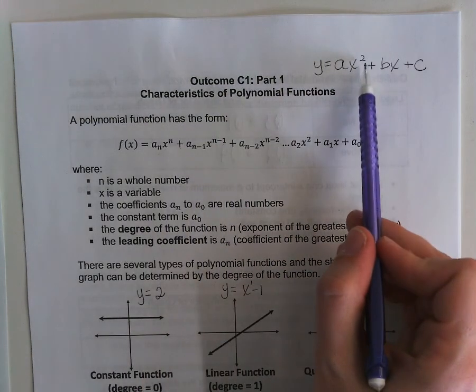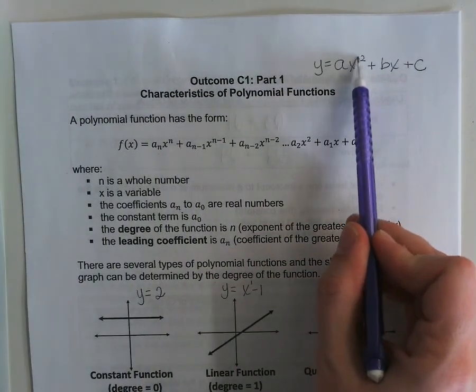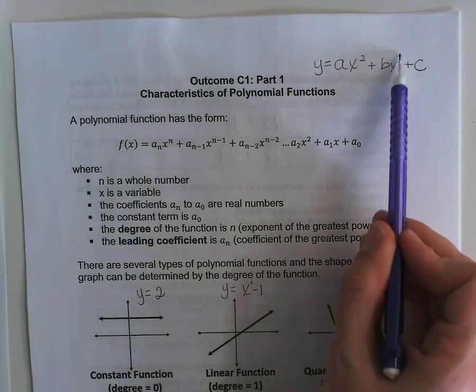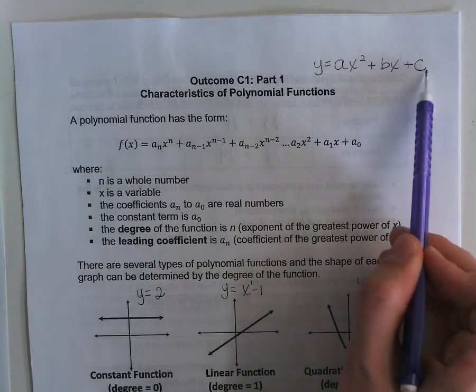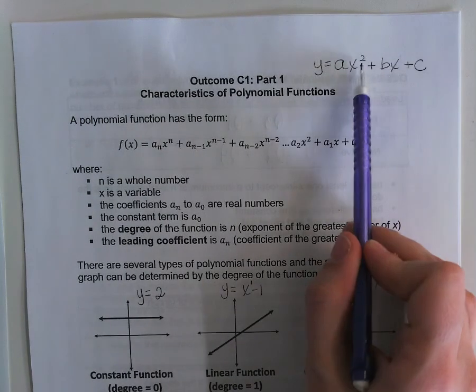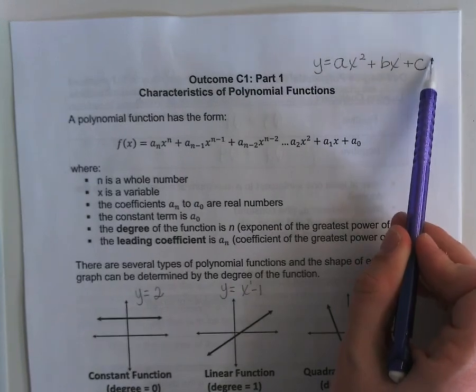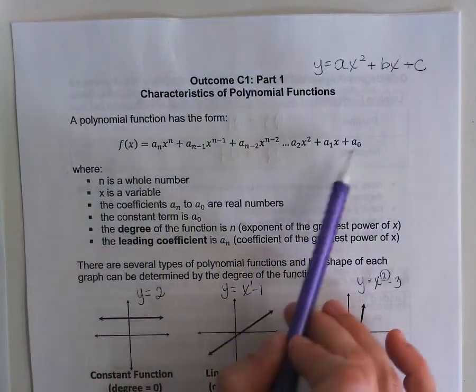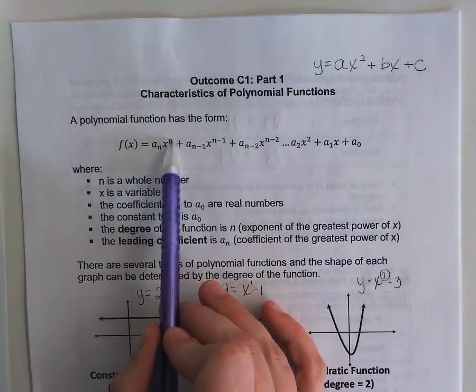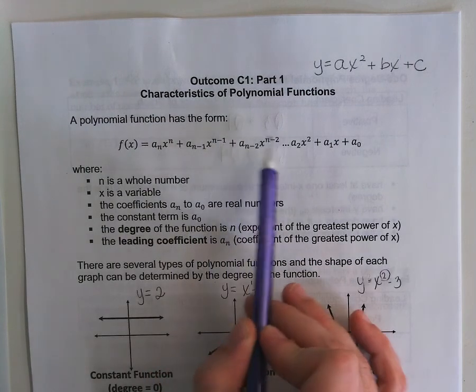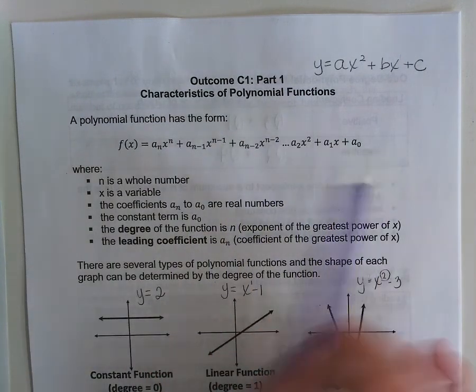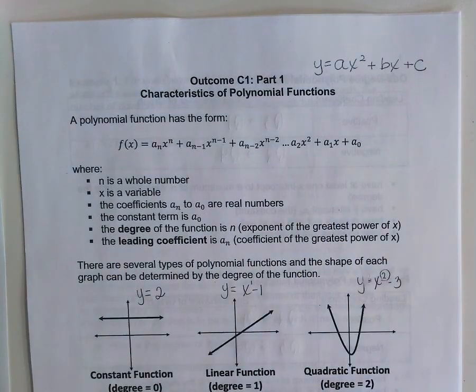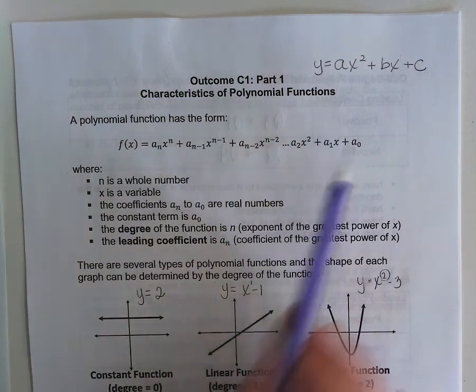So for example here, we've got a power of 2, the next term has a power of 1, and the last term has a power of 0. So these powers are decreasing. If this was a cubic function, we would have x to the power of 3, x to the power of 2, x to the power of 1, and finally a constant on the end. So that's all that this is showing.